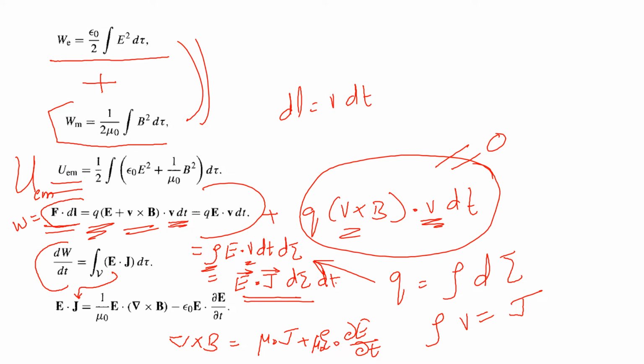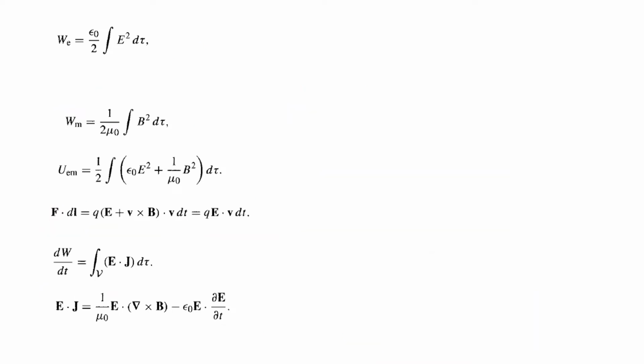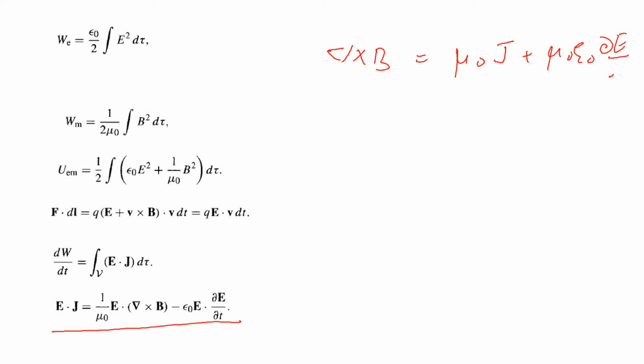So with a slight rearrangement to this, and taking the dot product with E, we are using the Ampere-Maxwell equation. That can be rearranged: del cross B equals mu 0 times J plus mu 0 epsilon 0 dou E by dou t.